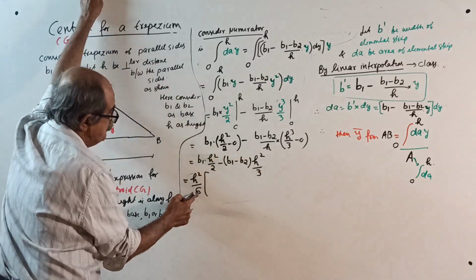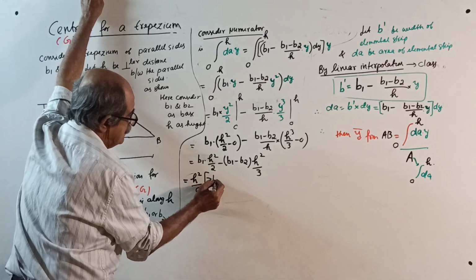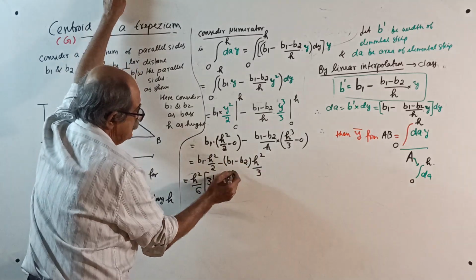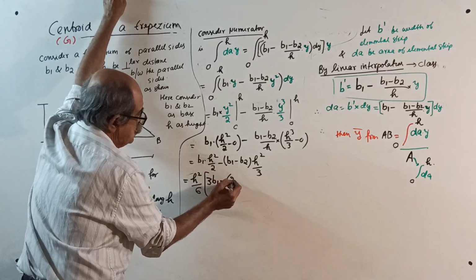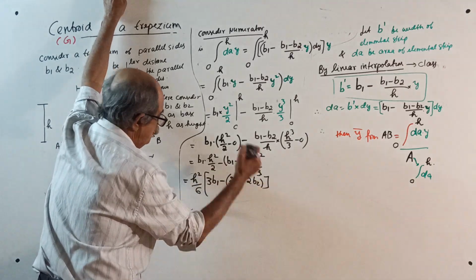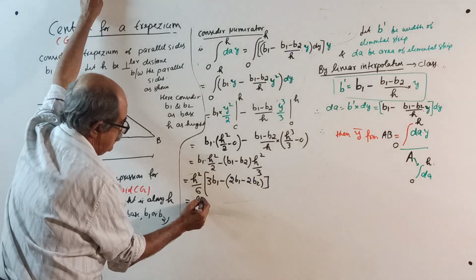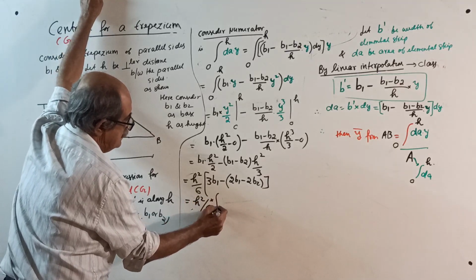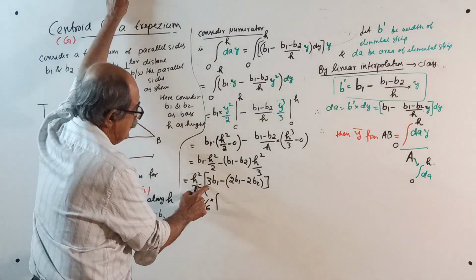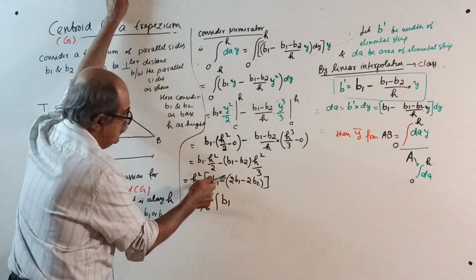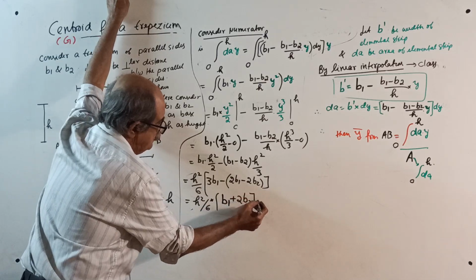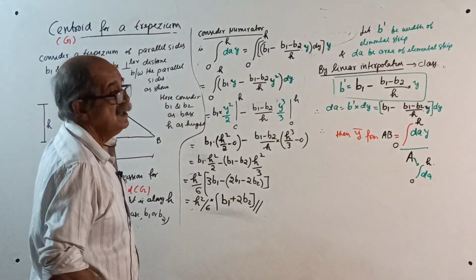Then 3b1 minus bracket, h square by 3 minus 6, 3 2 times, 2b1 minus 2b2, or equal to h square by 6 times 3b1 minus 2b1 is b1, minus of minus 2b2 is plus 2b2. This is your numerator.